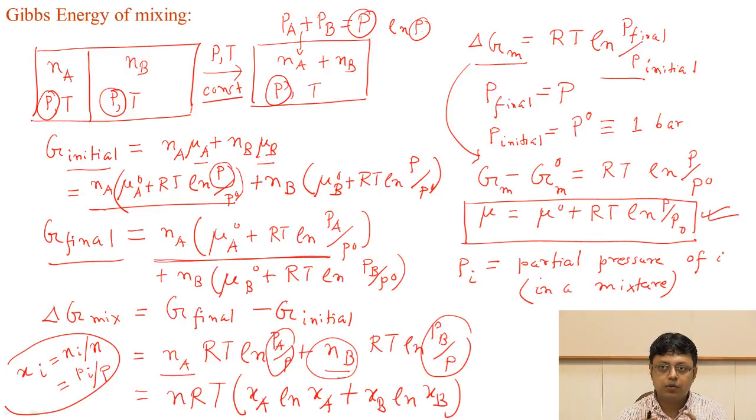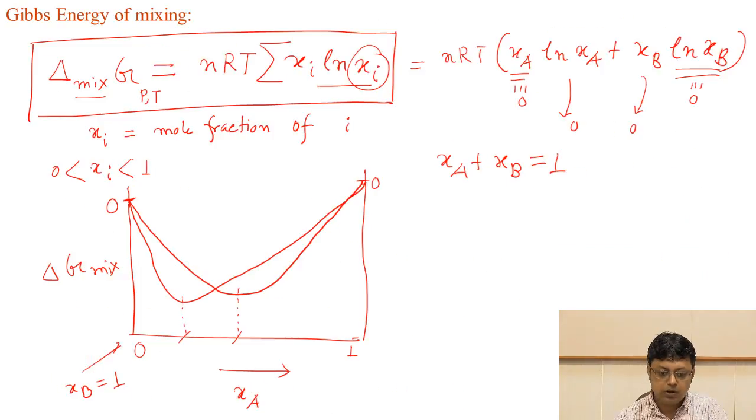So if we mix, the total pressure will not change. However, the partial pressure should change, and we used that fact, and we cleverly wrote the partial pressures in terms of mole fraction, as well as the moles of A and B in terms of mole fraction. And then we saw that the general equation for delta G mixing can be written as this.